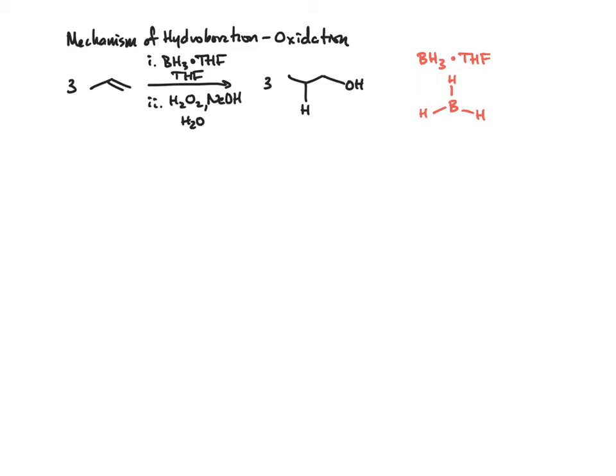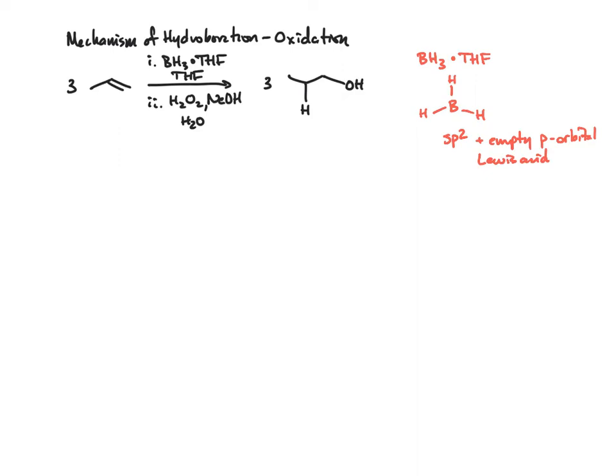We see that it's violating the Lewis octet rule. So it's sp2 hybridized, meaning it has an empty p orbital. That empty p orbital means it's a Lewis acid. And again, a Lewis acid is an electron pair acceptor.